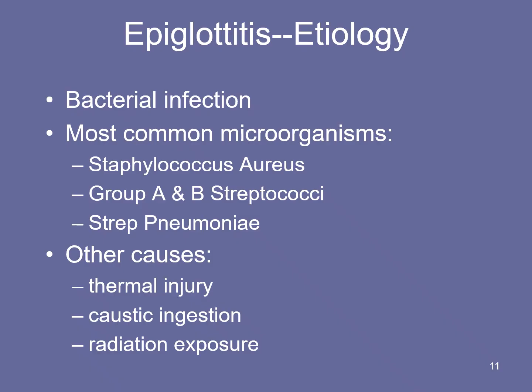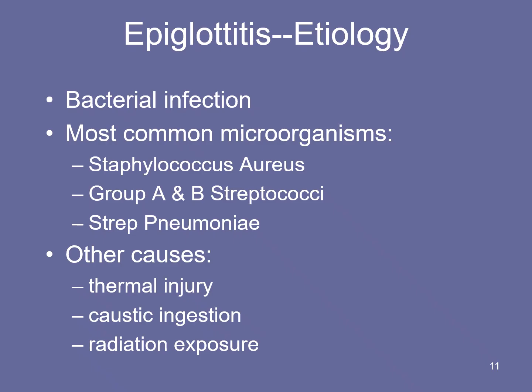Now let's alter our sights to epiglottitis. Unlike croup, which is viral, epiglottitis is almost always a bacterial infection. Some of the more common implicated microorganisms include Staph aureus, group A and B streptococci, and strep pneumoniae.